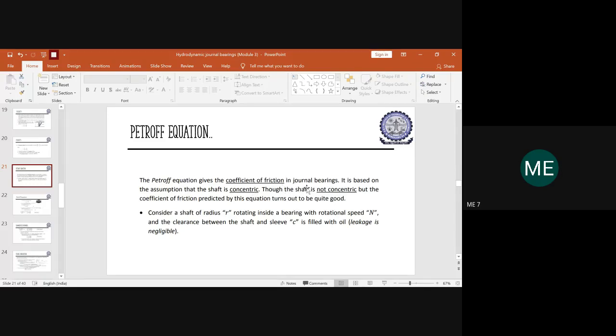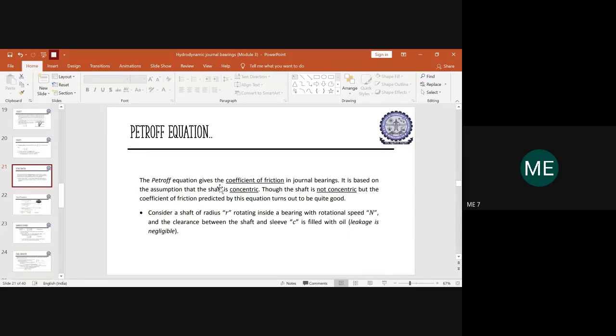Sometimes the shaft is not concentric, but the coefficient of friction predicted by this equation also turns out to be quite good. This is the clarification given by Petroff, because he assumed that the shaft is concentric and derived an equation to yield the coefficient of friction.